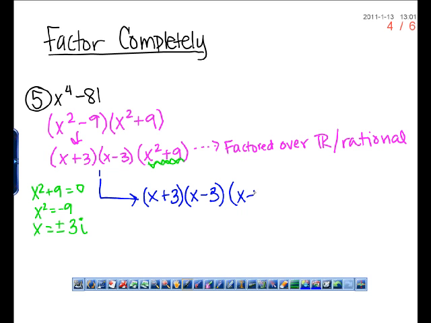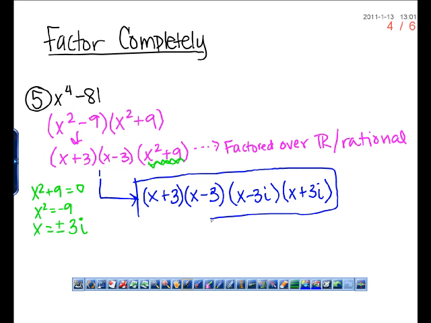Minus 3i, plus 3i. Good. x minus 3i, x plus 3i. If you have a sum of squares, would it always equate that with an imaginary number? All right, so this is now factored completely over the complex numbers.